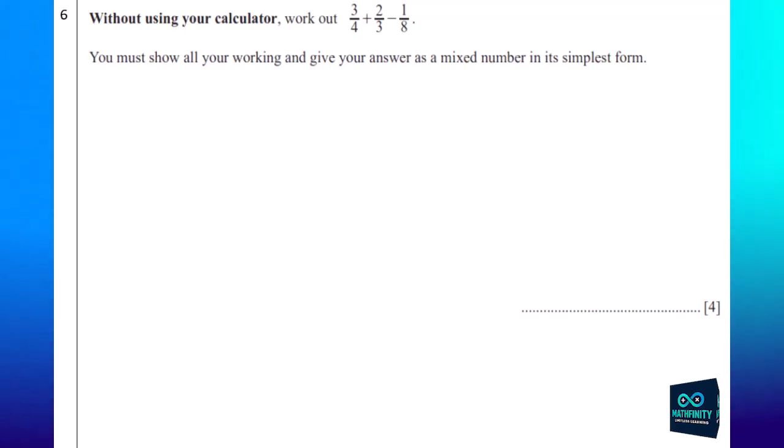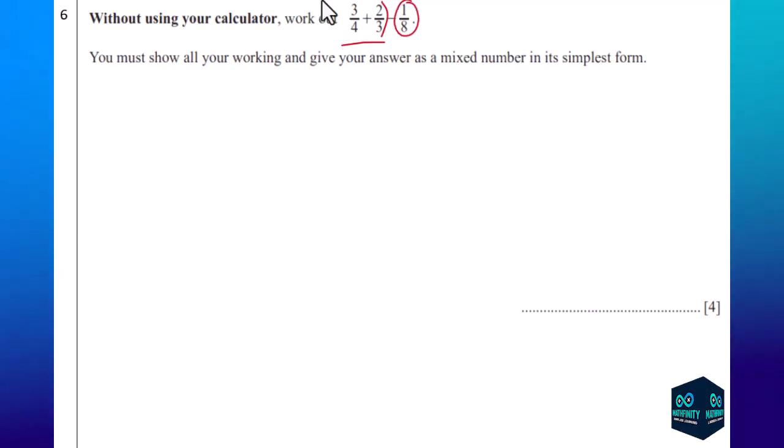Question number 6. It is the same like question number 5, but the difference is in this question they did not put the bracket. So it's up to you. We have two ways to solve. You can put the bracket on the first two fractions, solve these two fractions, get the answer, and then solve with this fraction.